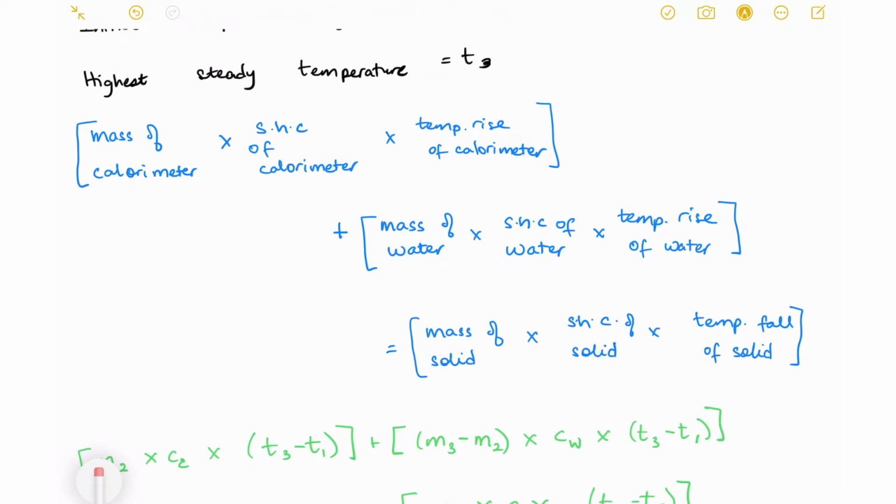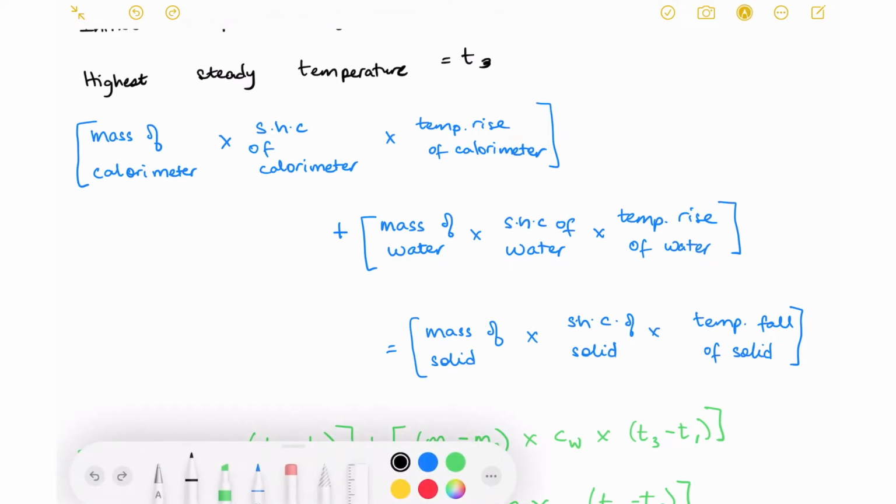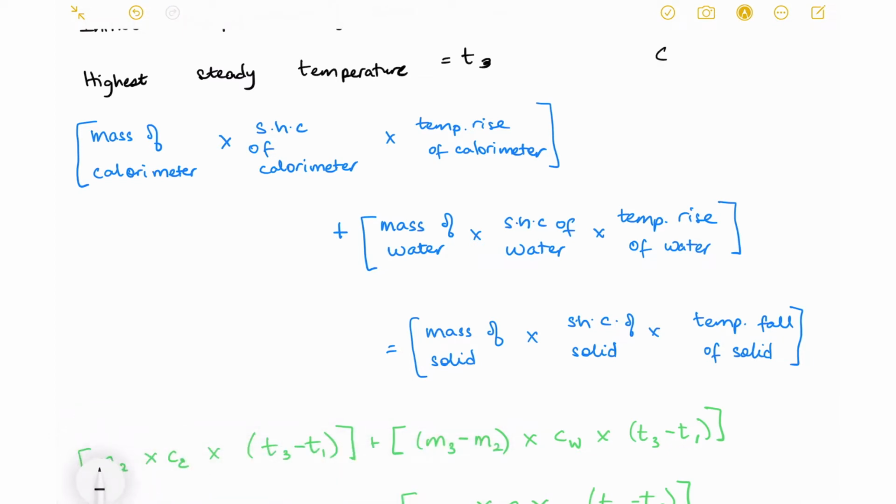So with that in mind, now the heat gained by the calorimeter is going to be the mass of the calorimeter multiplied by the specific heat capacity of the calorimeter multiplied by the temperature rise of the calorimeter. Right. Also in the lab, you were given the values. So you were given the specific heat capacity of the calorimeter, which we are going to be calling CC.